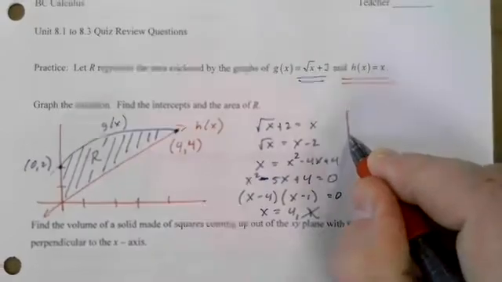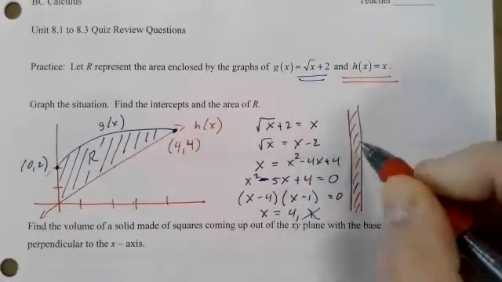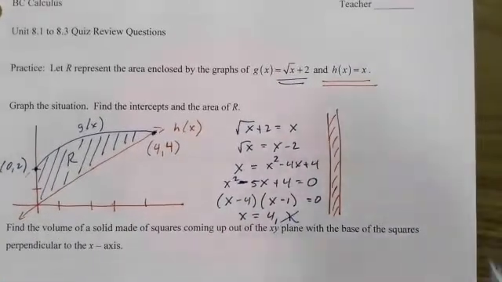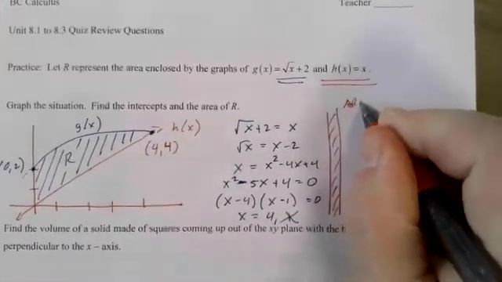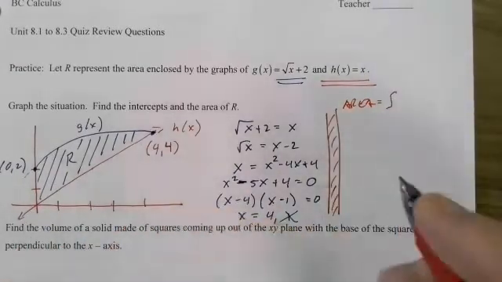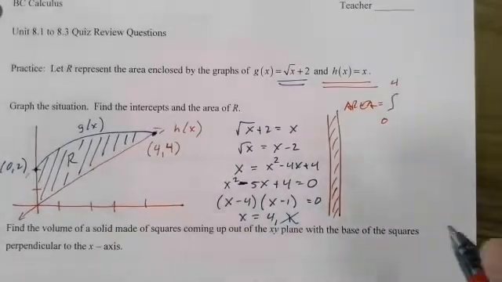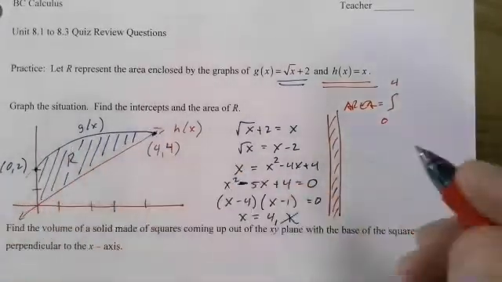All right, so how do I find the area? Area equals the integral. We're on the x-axis because we don't need to change to y. g of x minus h of x, because g of x is on top the whole time.